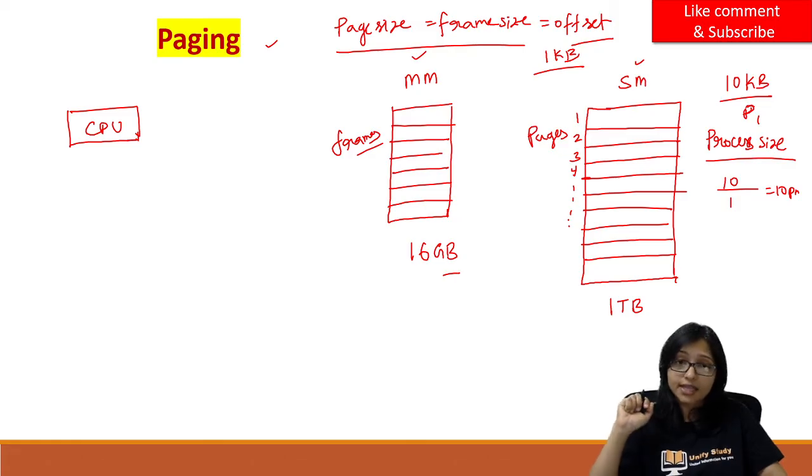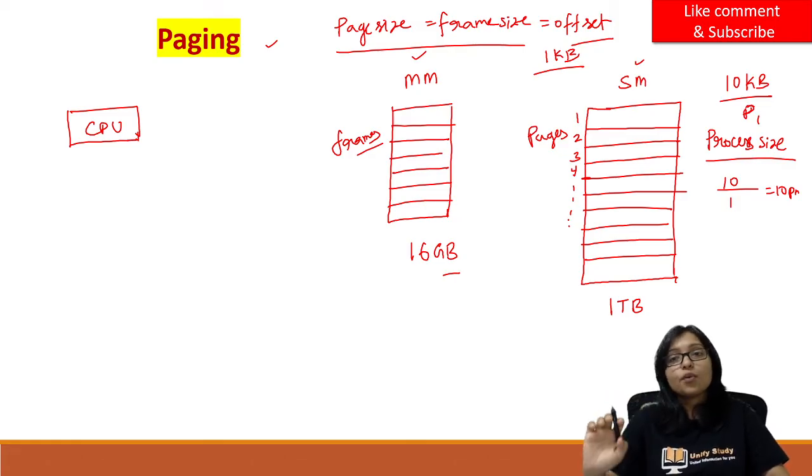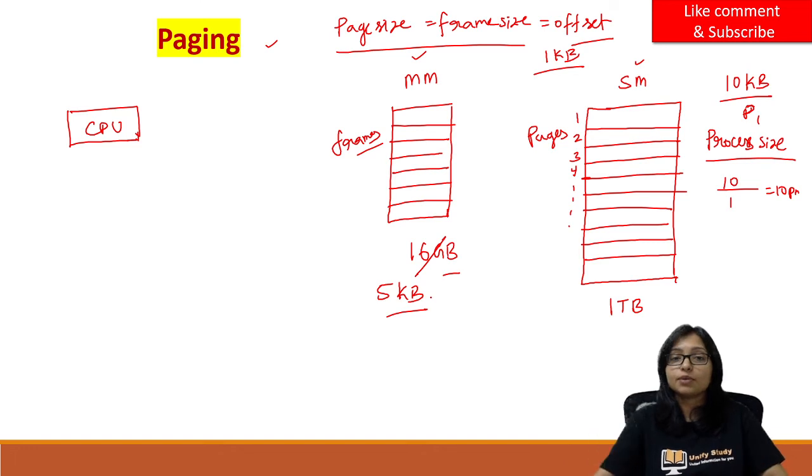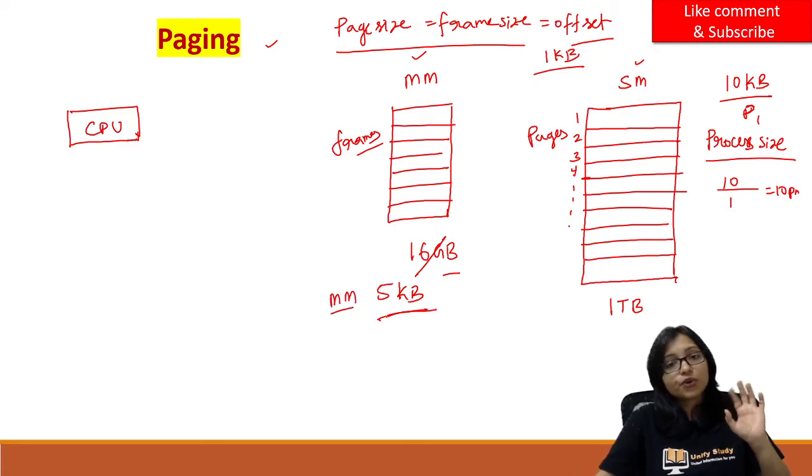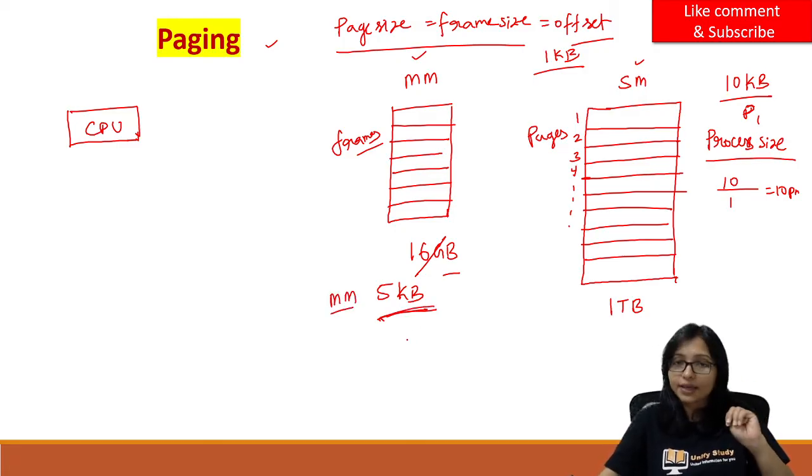Now the thing is the main memory. For the time being I am thinking that 16 GB space is not there. At a time I can take maybe 5 KB of space in the main memory. So the main memory will be divided accordingly. How many frames will be there depends on the total size of the main memory, which for now is 5 KB.